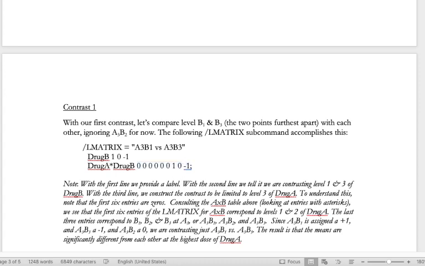So here, this is going to be pretty similar to the contrast that we did last week. First, we're saying, okay, looking at just A3, B1, let's compare that to A3, B3.